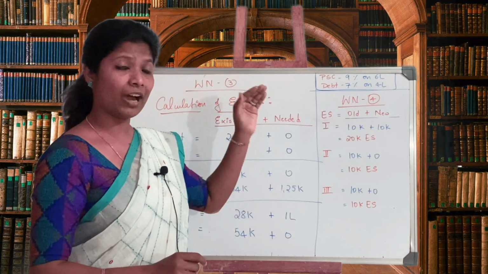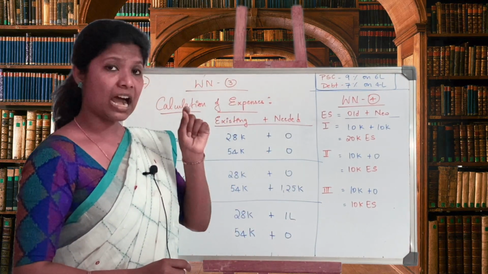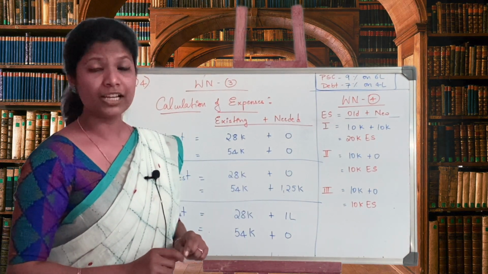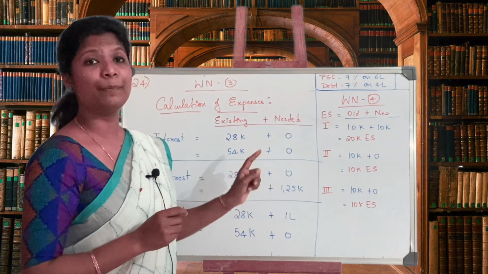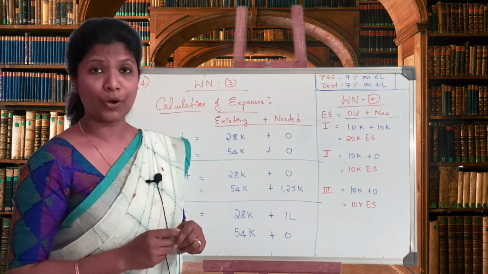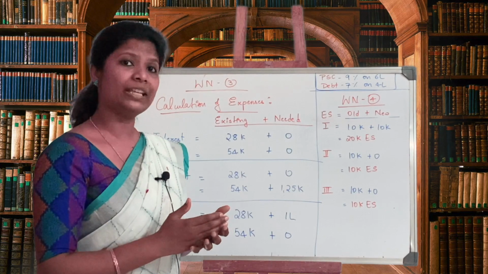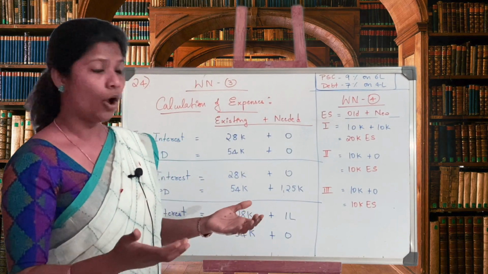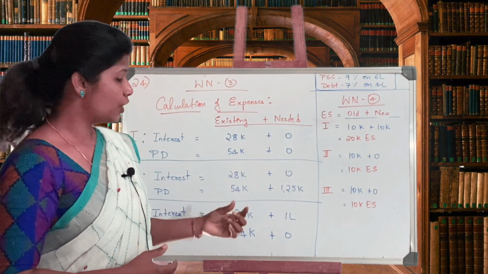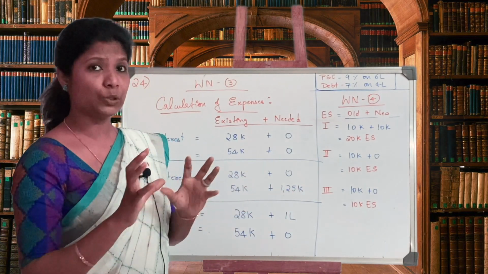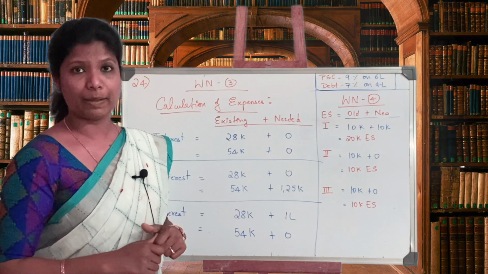You remember while we were calculating the plans, under the second plan we calculated preference dividend, correct? So there we had preference dividend payment under what? Needed capital. So that expense I am going to add it up to the existing capital or existing preference dividend. So 54,000 plus 1,25,000. That will be my total preference dividend payment.